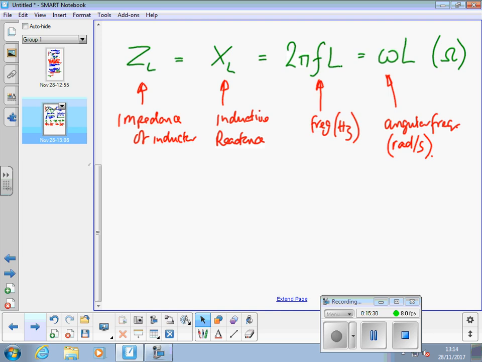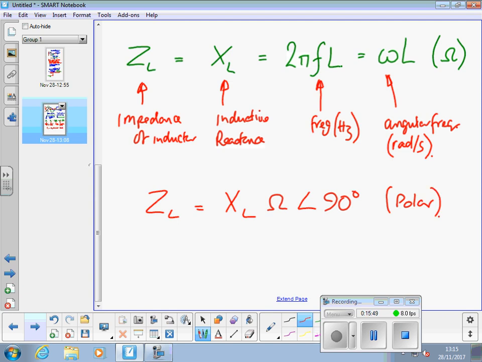Mathematically, we can represent ZL as being equal to XL ohms angle 90 degrees, polar form, or ZL is equal to 0 plus XL j ohms, rectangular.